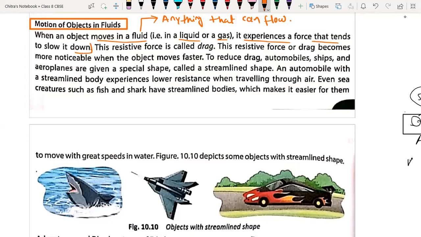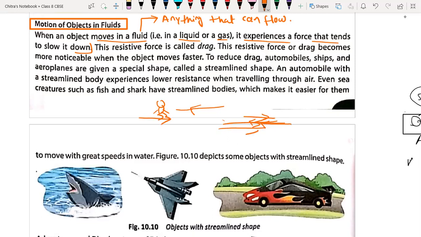Suppose you are running in this particular direction. Here we have an athlete who is running, and if air is coming from this direction, that air is going to create resistance, and that air will slow down the speed. Even in case of water, if water is flowing in this direction and you are swimming in the other direction, that water is again going to resist your movement.